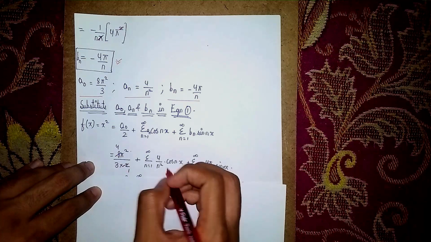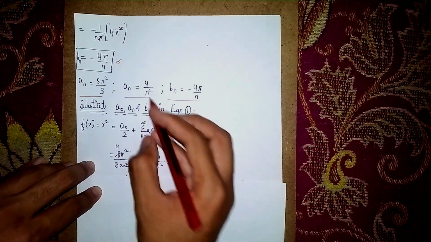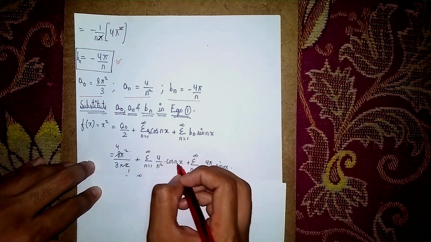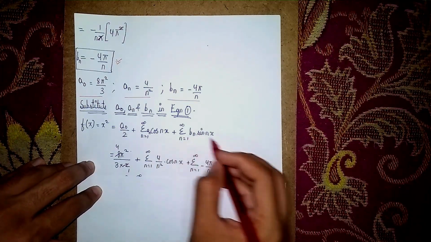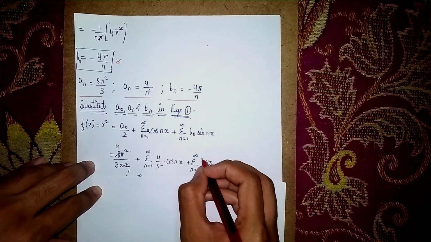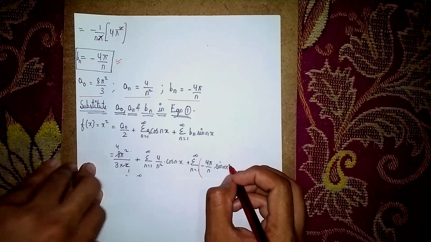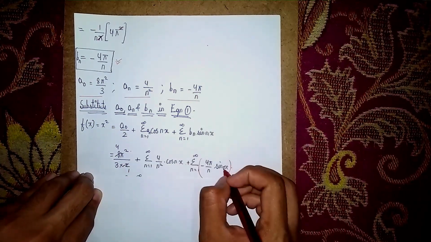Then plus summation, an is 4 by n square, so 4 by n square cos nx, plus summation n is equal to 1 to infinity of minus 4 pi by n sin nx.